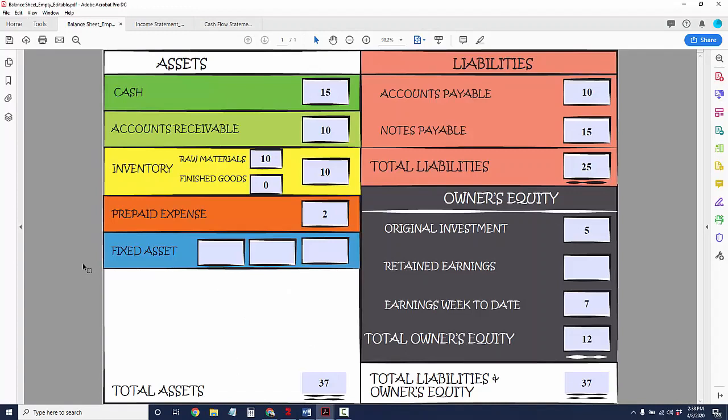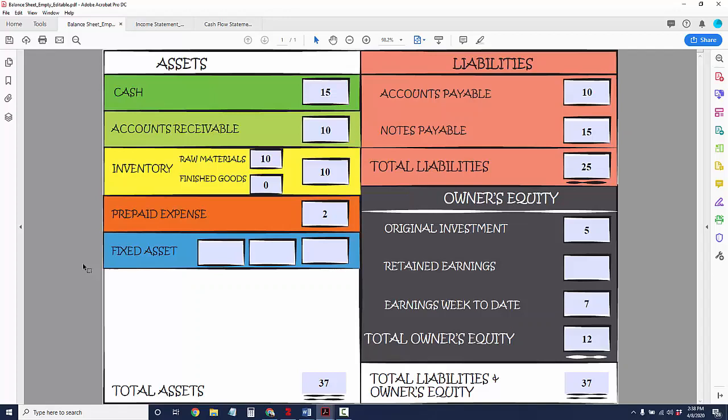Let's see how the purchase of this fixed asset as well as the depreciation affect our balance sheet. So we purchased a fixed asset worth $10. However, we are already depreciating it by $1 this week. So our book value of this fixed asset is going to be $10 minus $1 in depreciation, which is $9.